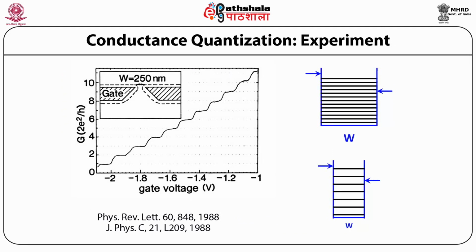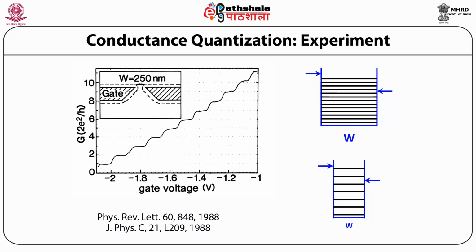Mesoscopic transport in 1D. Whenever the dimension of the system is less than the inelastic mean free path L phi, the current conduction mechanism in a conductor has to be treated quantum mechanically.